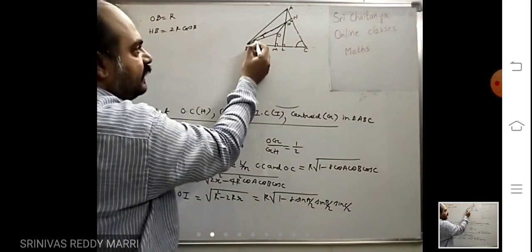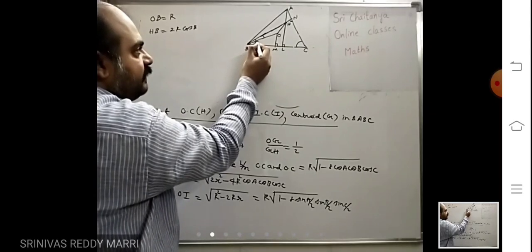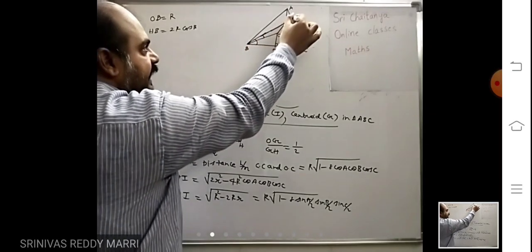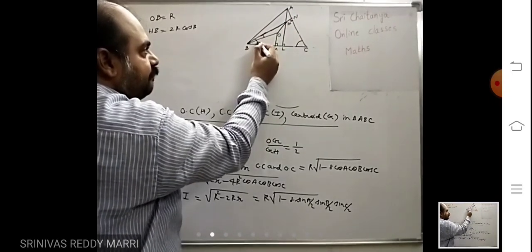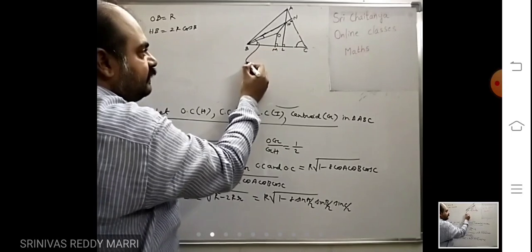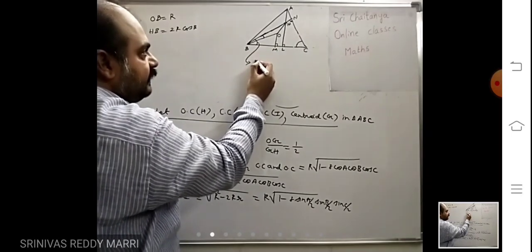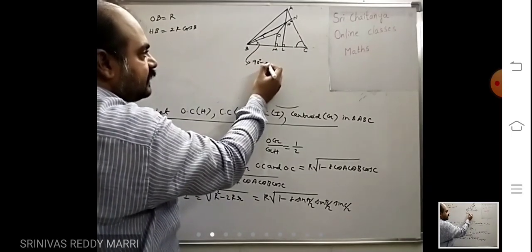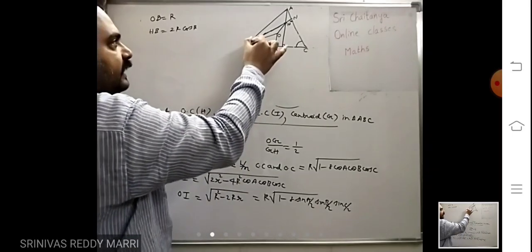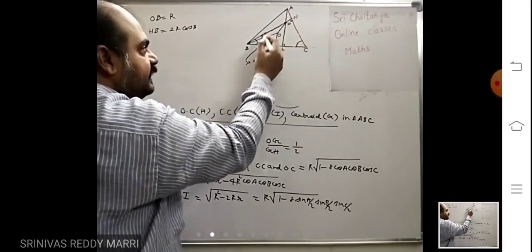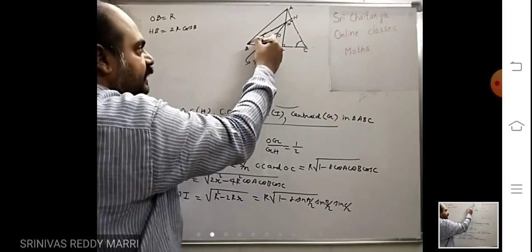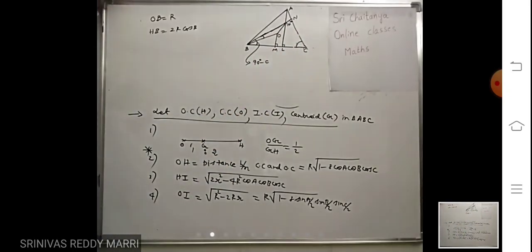So the third angle is 180 minus (90 plus C), that means 90 minus C.